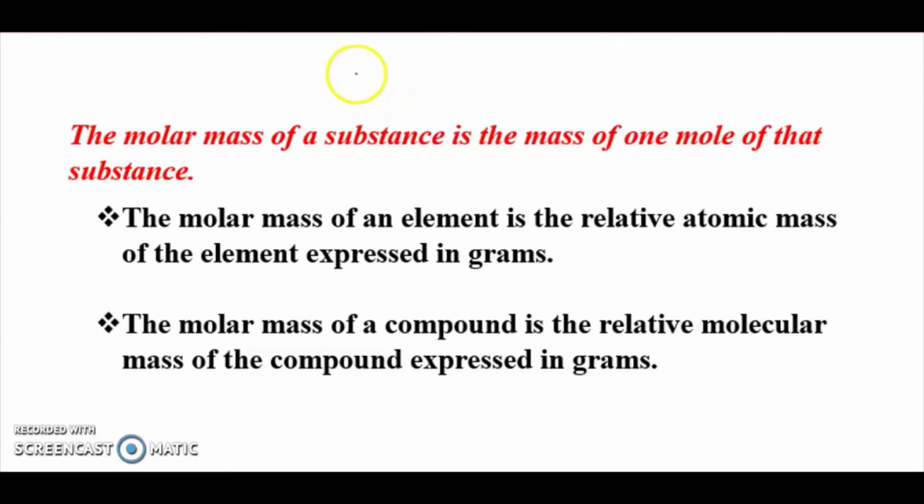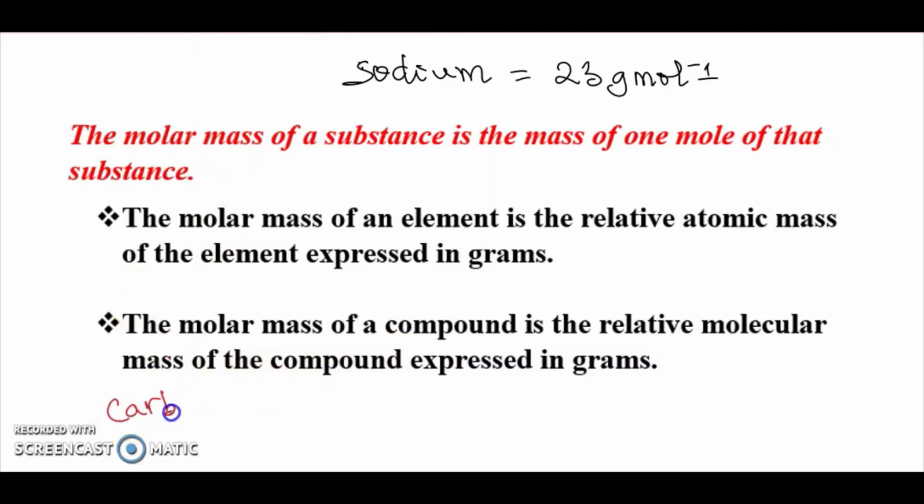So sodium has a molar mass of 23 grams per mole. That is the molar mass of sodium. The molar mass of a compound is equally the relative molecular mass of the compound expressed in grams. Let's take, for example, the compound carbon dioxide.